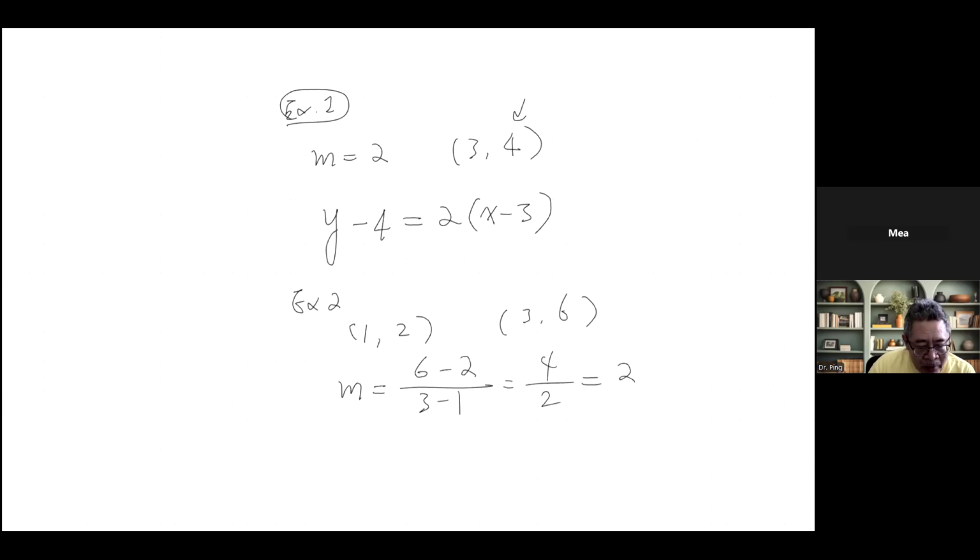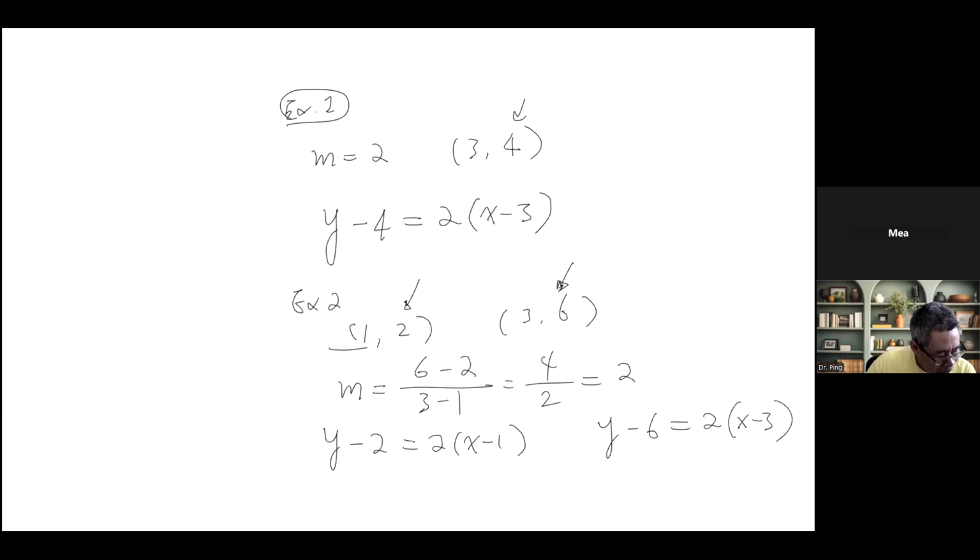So we can either pick this point or pick that point. If we pick this point, we get y minus 2 equals 2 times x minus 1. Or we can write it as y minus 6 equals 2 times x minus 3.